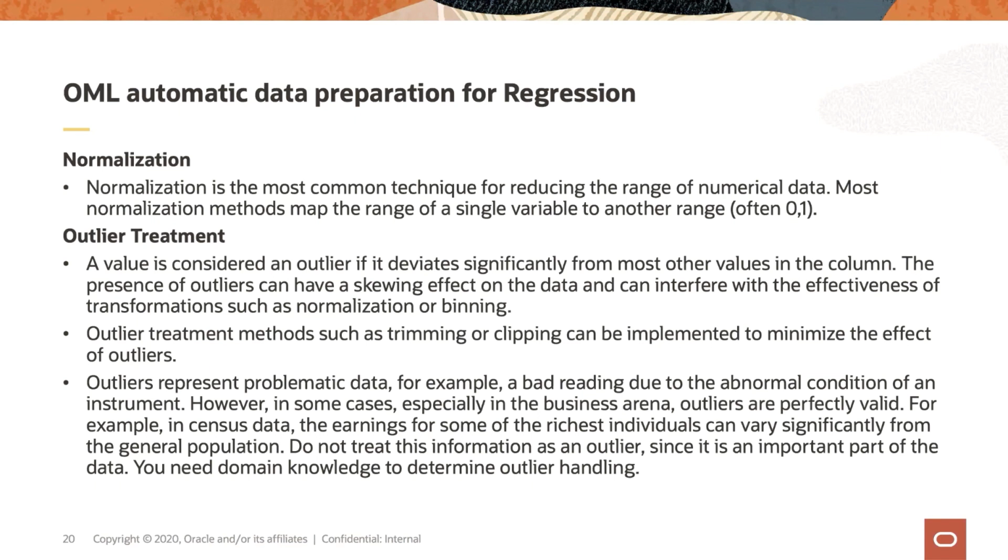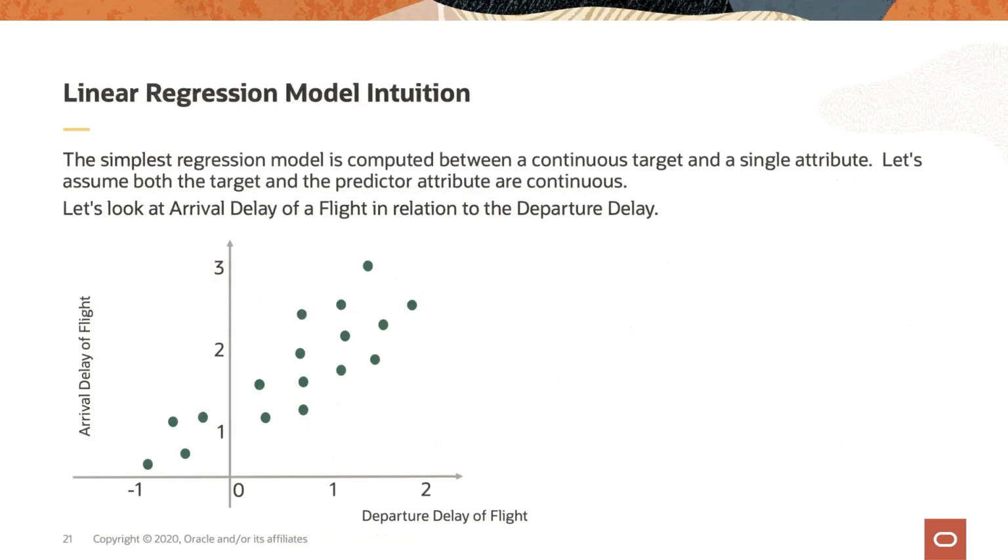Now, one of the things that we can do for the initial process here is regarding the intuition. Say we want to take a look at departure delay and arrival delay. On the bottom, I see the departure delay of a flight, and on my response variable, I have the arrival delay of my flight.